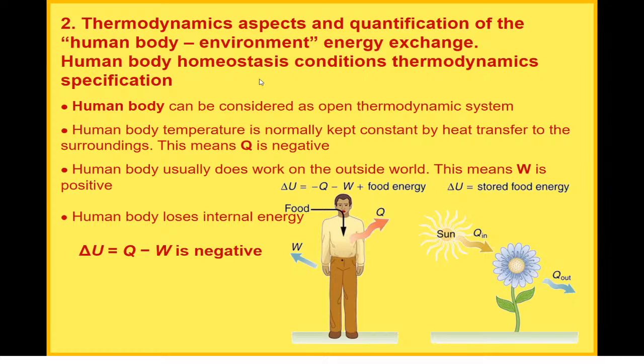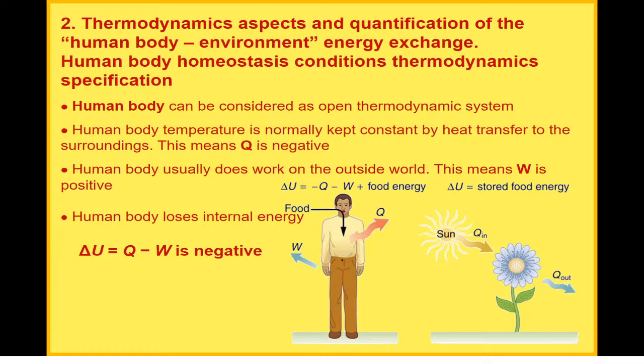The human body can be considered as an open thermodynamic system. It is understandable. Human body temperature is normally kept constant by heat transfer to the surroundings. This means heat Q is negative. The human body usually does work on the outside world.